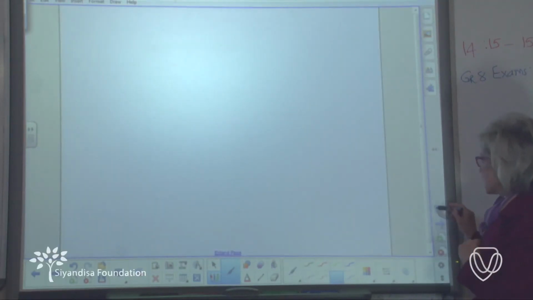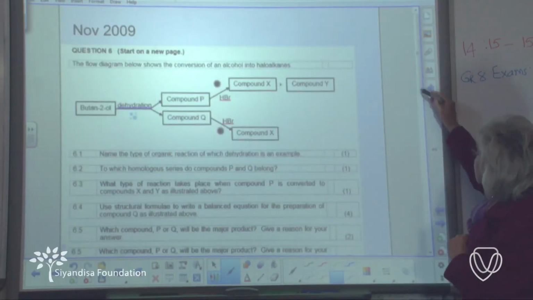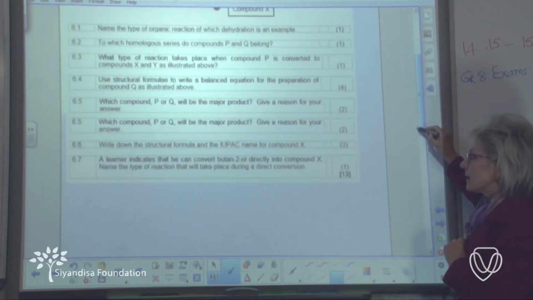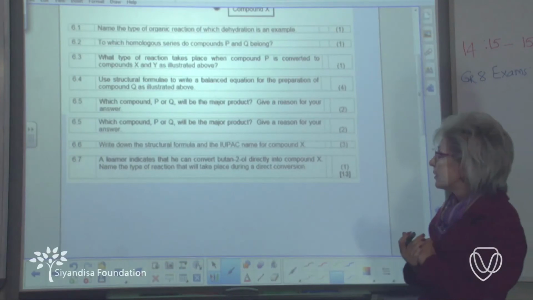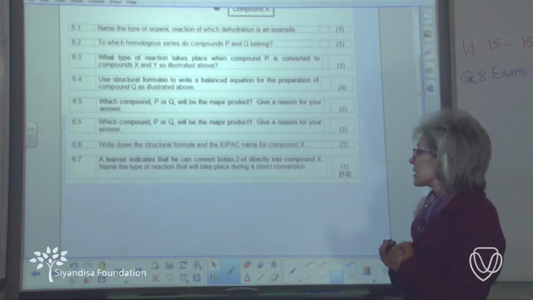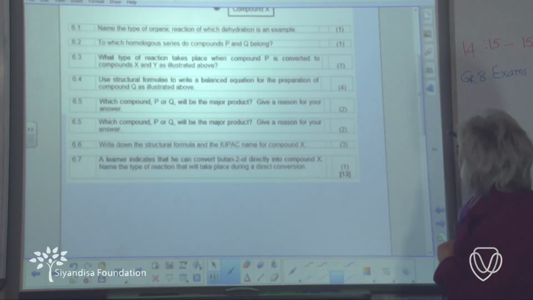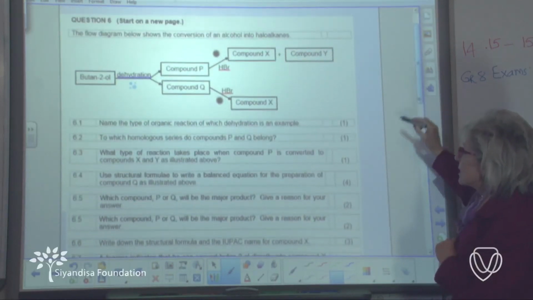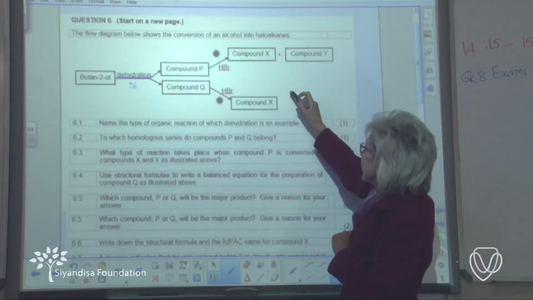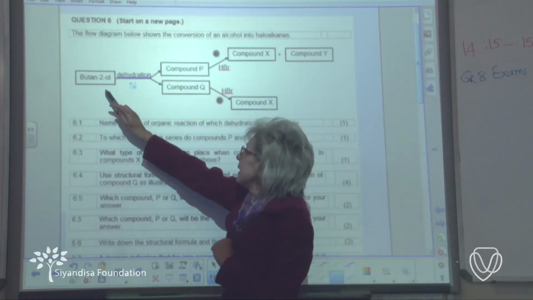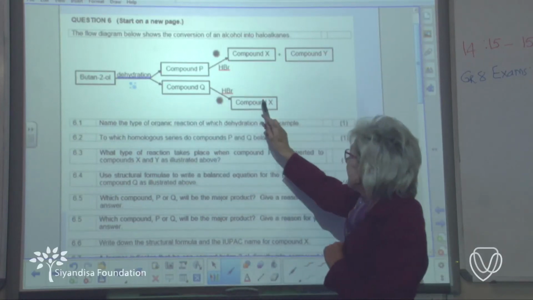Then, I need to go back. If we look at the last question, a learner indicates that he can convert butan-2-ol directly into X. Name the type of reaction that will take place during a direct conversion. So now remember, what is X? X was the haloalkane. So can you convert an alcohol into a haloalkane?